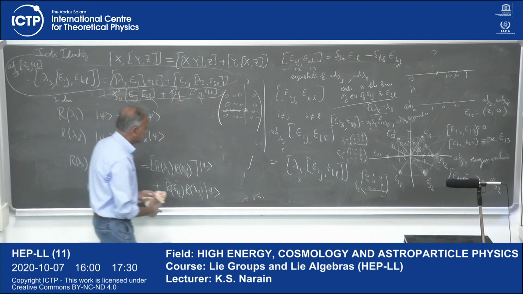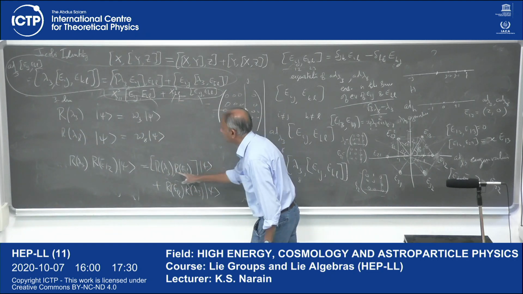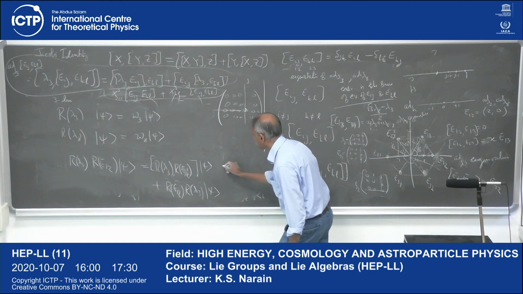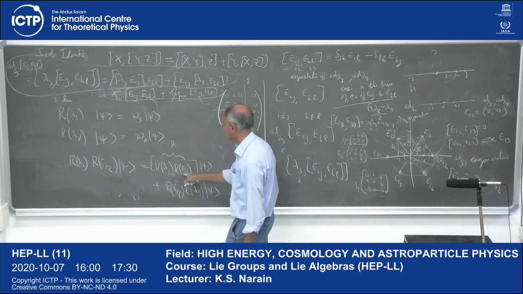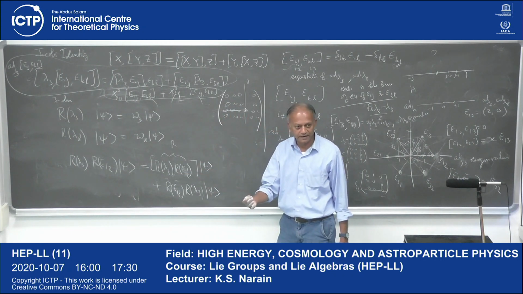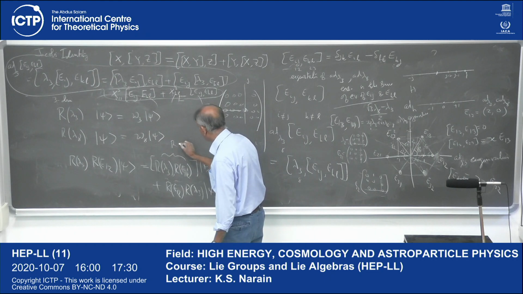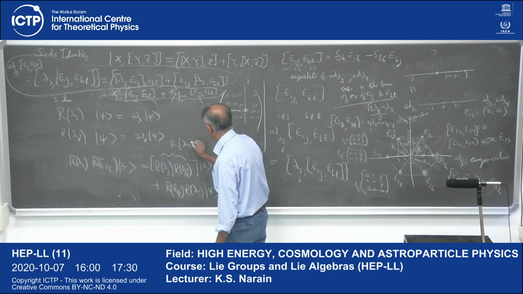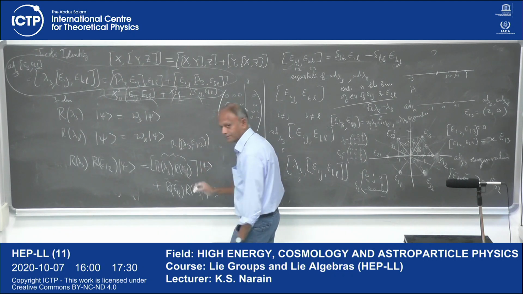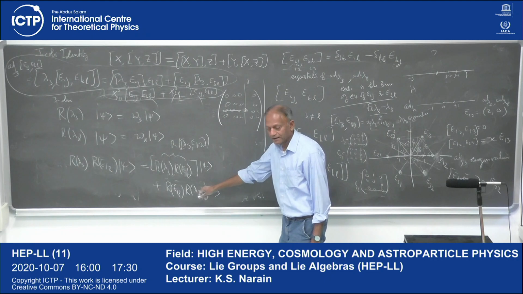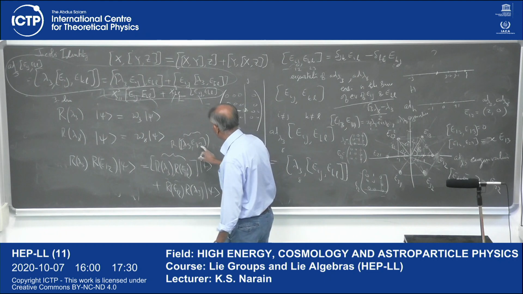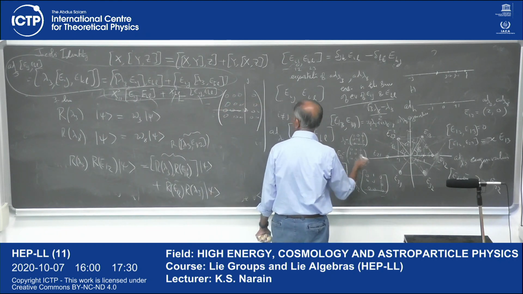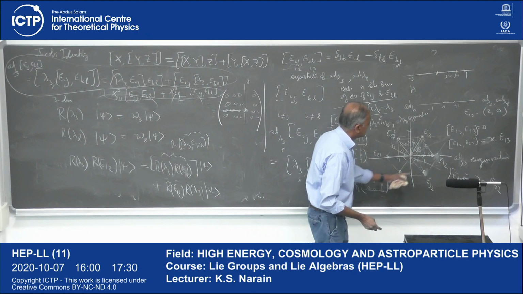Now we know both of them. By the fact that the representation preserves the commutation relation, R lambda 3, E12 commutator is the same as R of the commutator of lambda 3 with E12. On the other hand, you already know this is nothing else but the eigenvalue of E12, which was 2, I think.